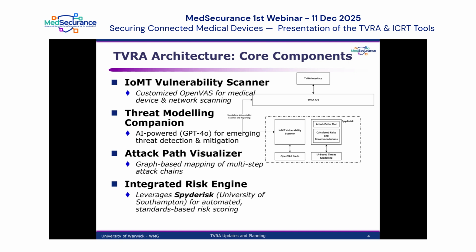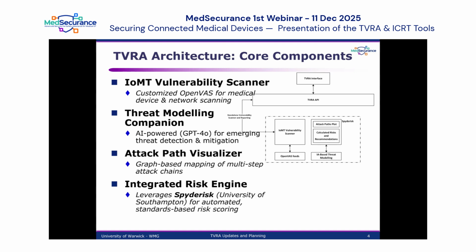So we have another component in TVRA, which is a threat modeling companion, an AI-powered tool to monitor the IoMT network, identify and detect threats, and provide the mitigation strategy for other tools within the MedSecurance project. The next tool is the attack path visualizer.